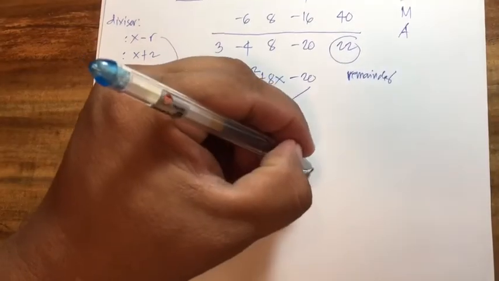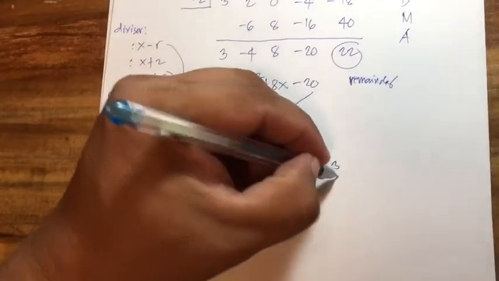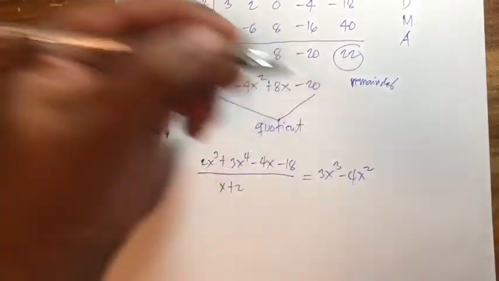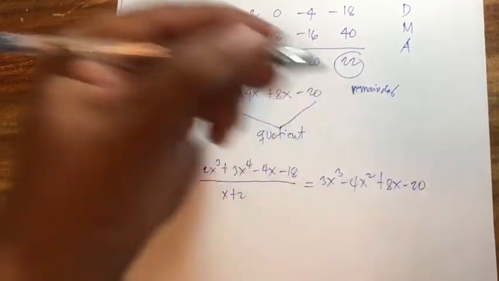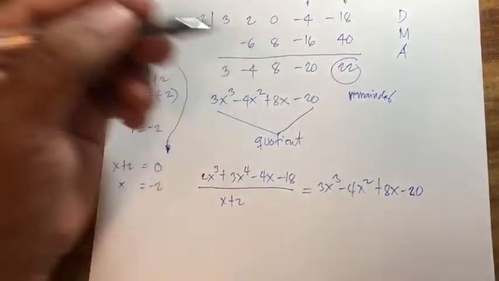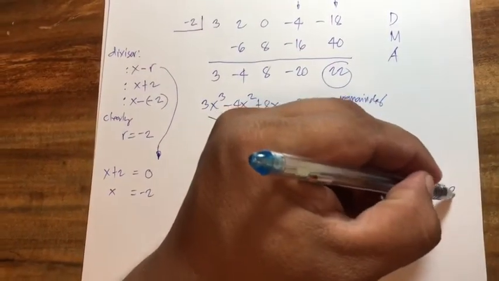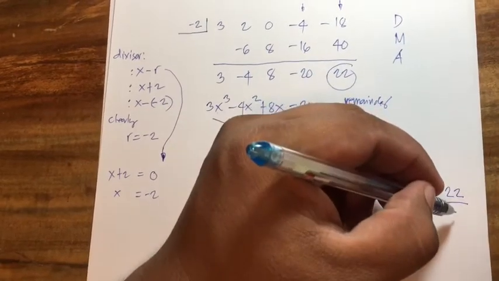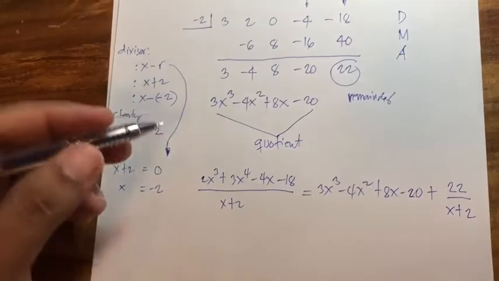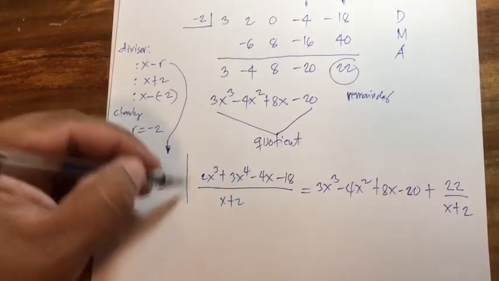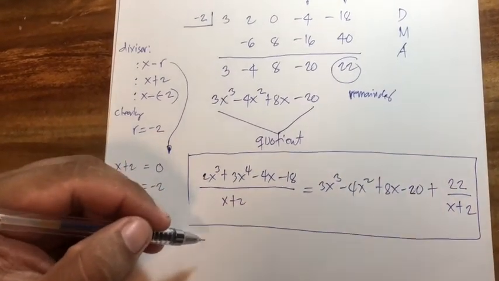Okay, our quotient is 3x cubed minus 4x squared plus 8x minus 20. Okay, then we will just write our remainder. Our remainder is 22. Then divided by or over our divisor, x plus 2. This is our final answer or output for our example number 3.